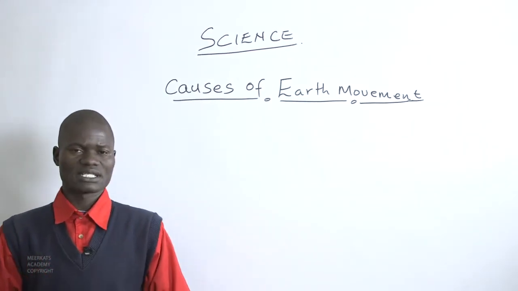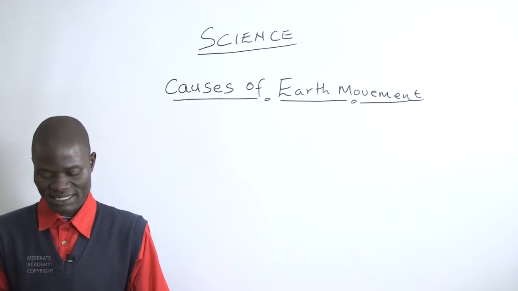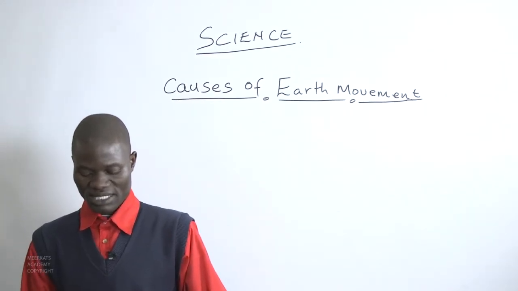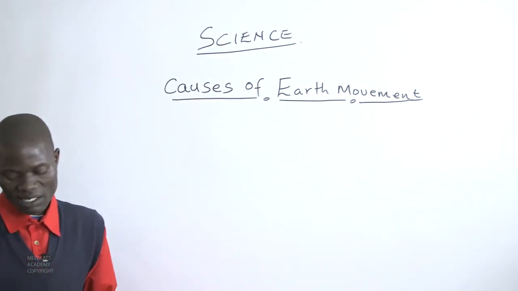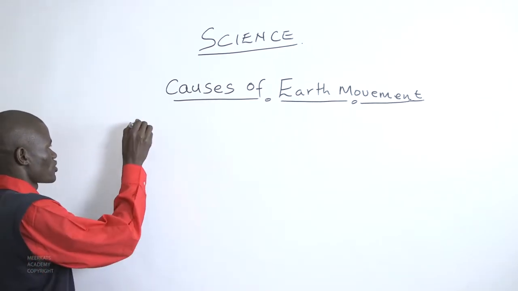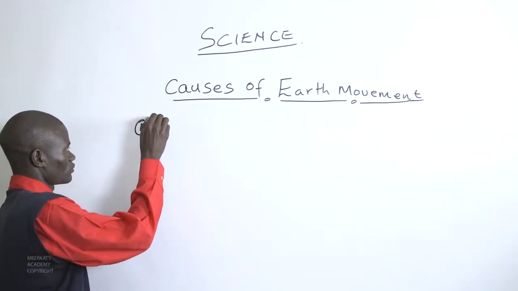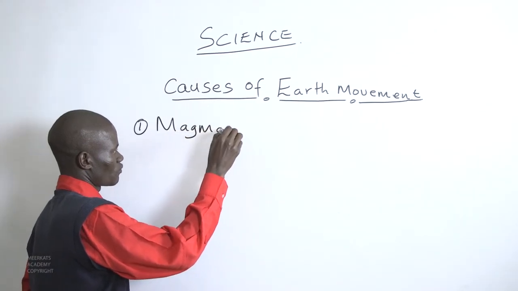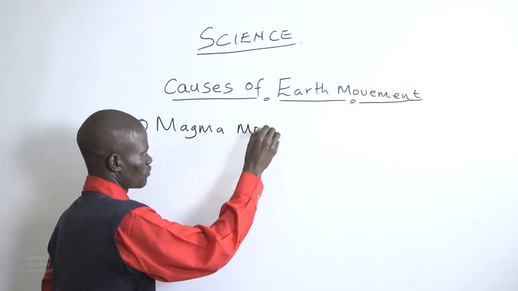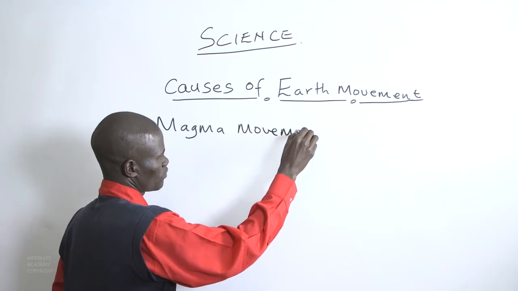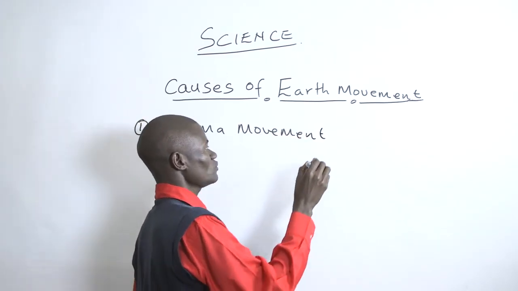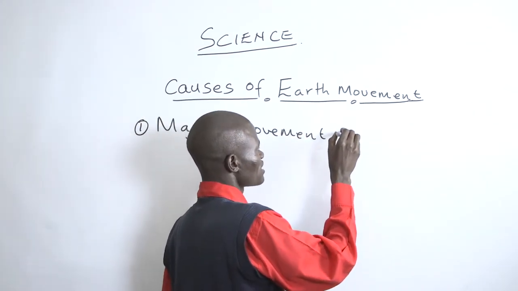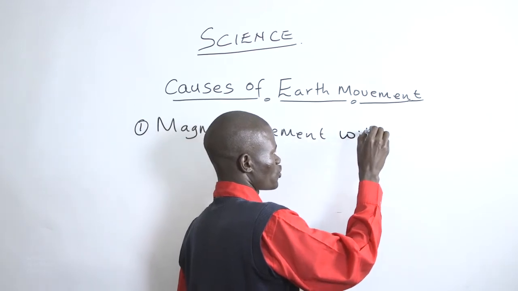One of the causes suggested for earth movement is magma movement within the crust.